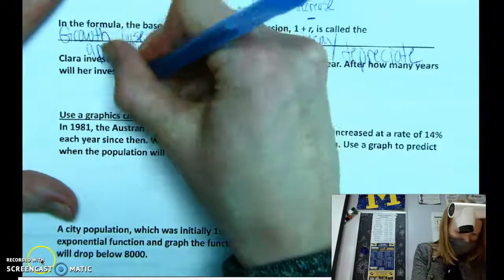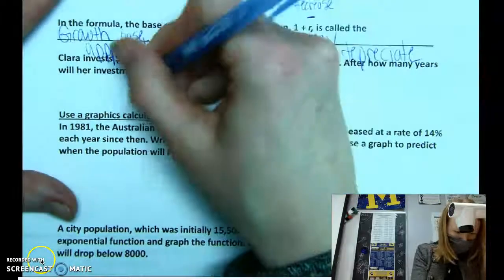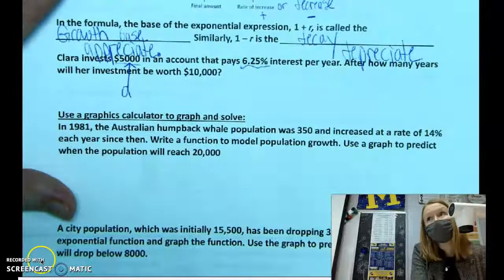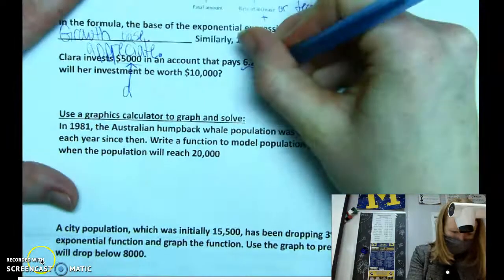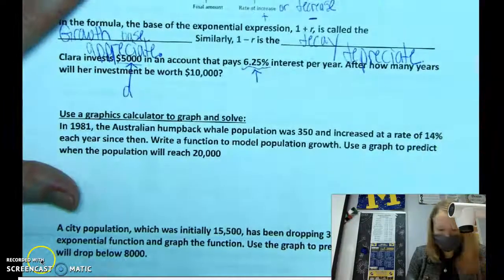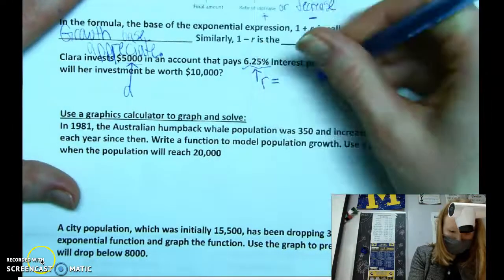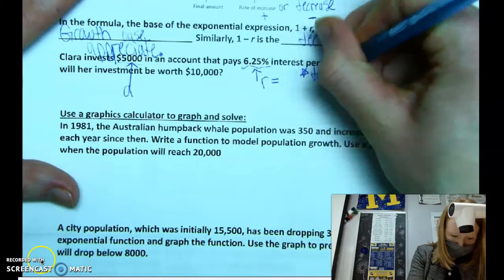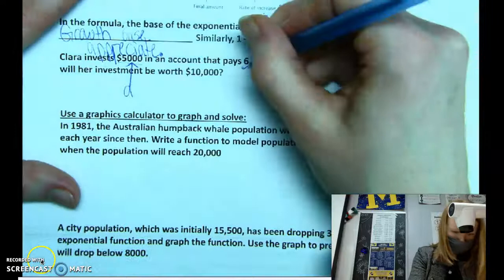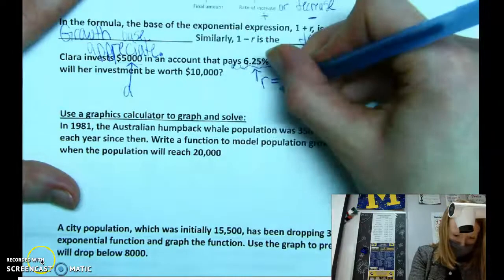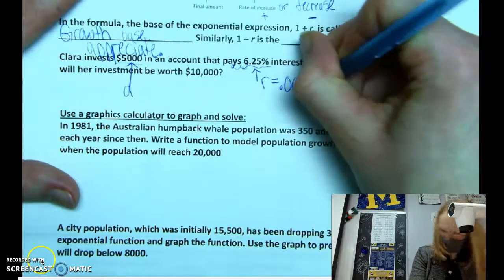So this $5,000 would represent your initial amount, which means a. I think the tricky part about these story problems is figuring out what you're given. This is my rate, but your interest rate needs to be written as a decimal. So I'm going to have to move that decimal 2 places back to get 0.0625.